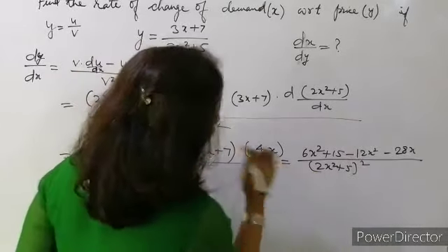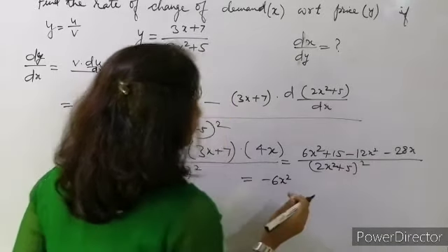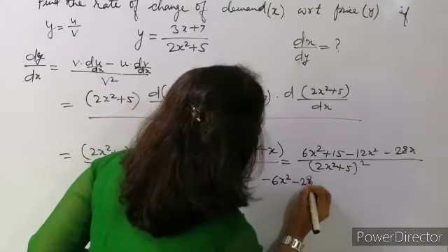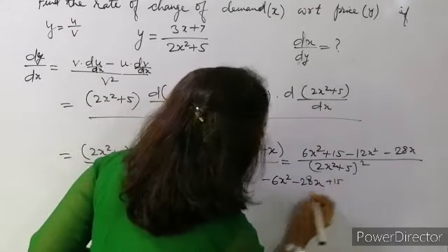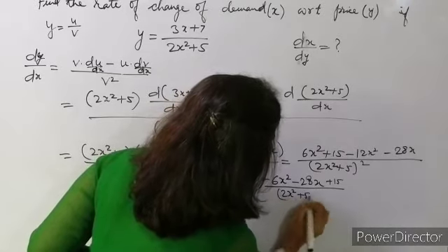So it will be minus 6x square minus 28x plus 15, divided by (2x square plus 5) whole square.